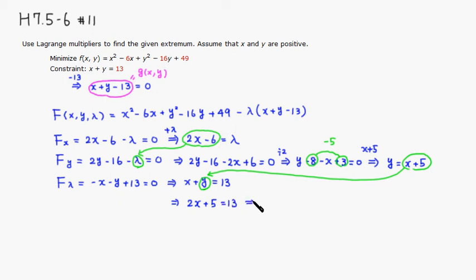Subtract 5 from both sides: 2x is equal to 13 minus 5, which is 8. Divide through by 2 to get x equals 4. Then the y value is 4 plus 5, so that's 9.